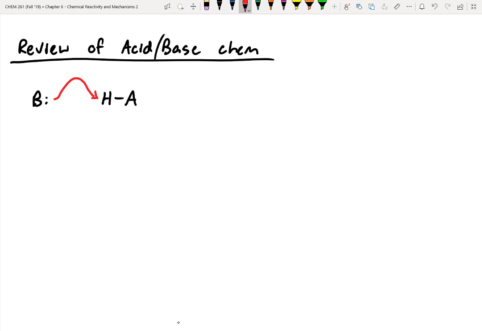The bond between the proton and our acid will be broken. That covalent bond has two electrons, so we need to show this with the double-headed arrow, saying the two electrons in here, in fact, I'm going to go ahead and draw them like green dots, will end up on A. So now B will have a covalent bond to H, therefore B will have a positive charge. And then A over here will have two electrons hanging off, and therefore it will have a negative charge.